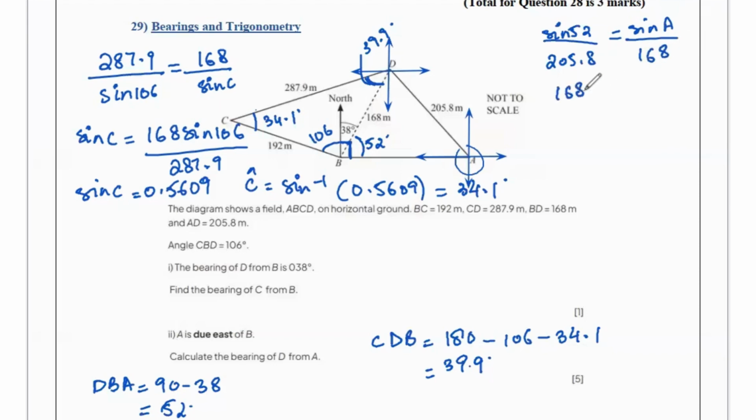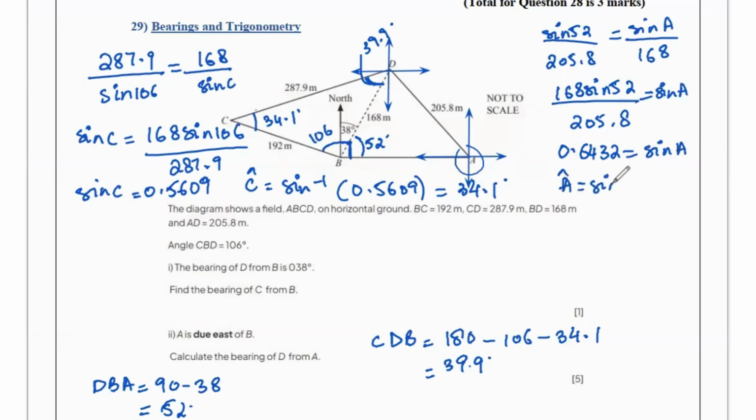So 168 times sine 52 over 205.8 equals sine of angle A. That's 0.6432. We will find the sine inverse of this to find angle A. That's 40.0.